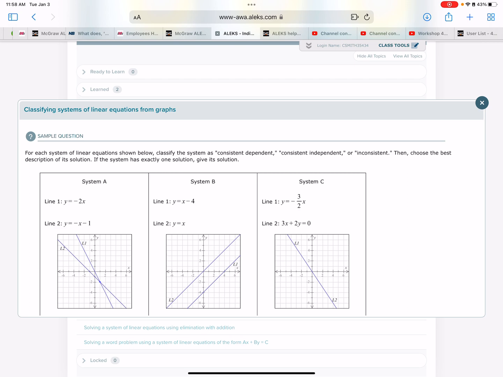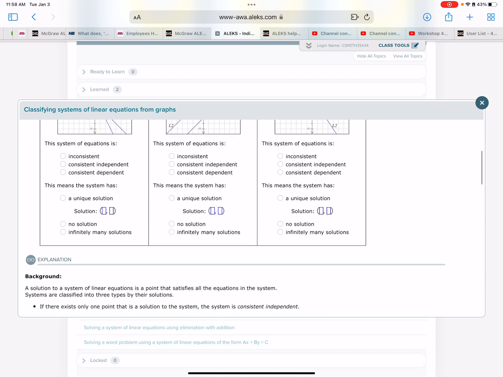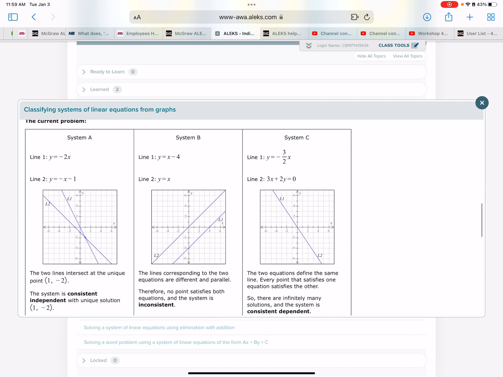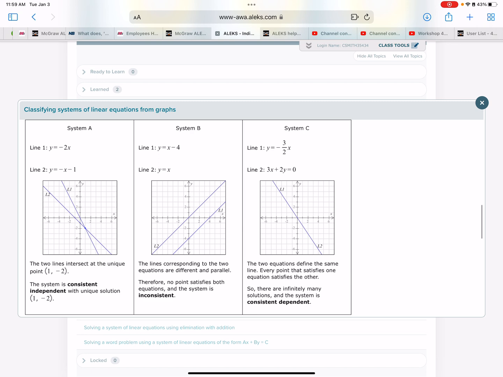Okay, so we're going to look at these different particular things, and you can see that the first one, system A, has a point where the lines cross, and so because it crosses, that is called consistent. The fact that it has at least one solution, we call it consistent.